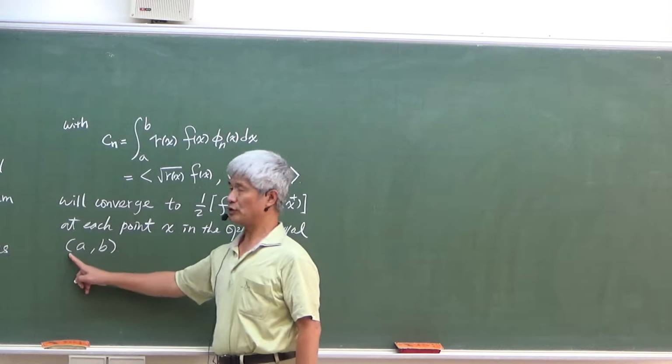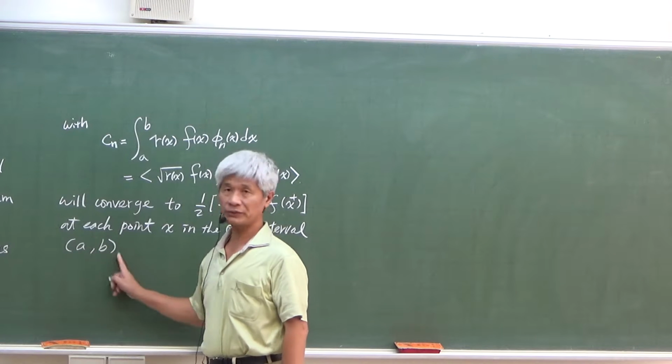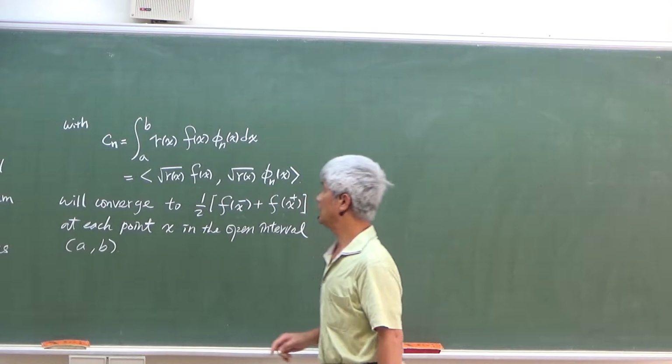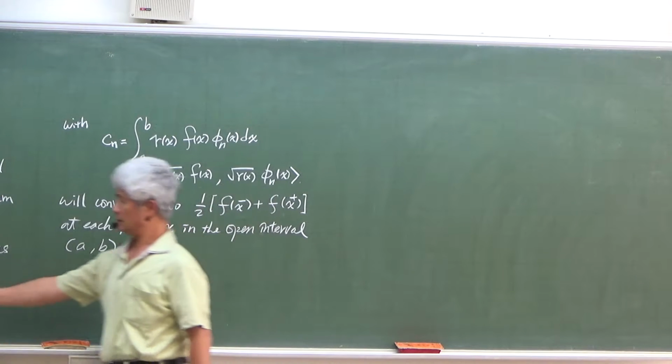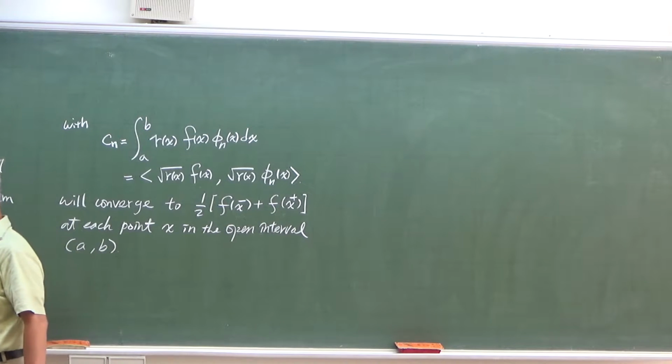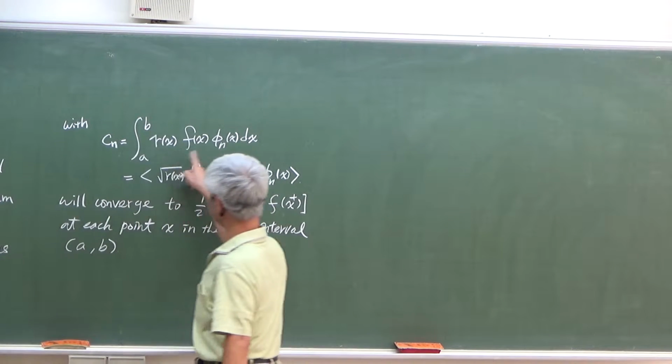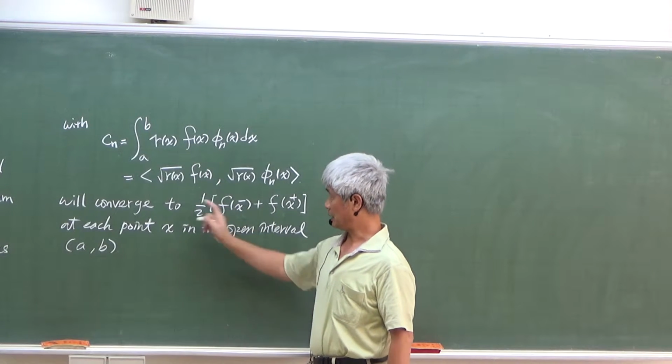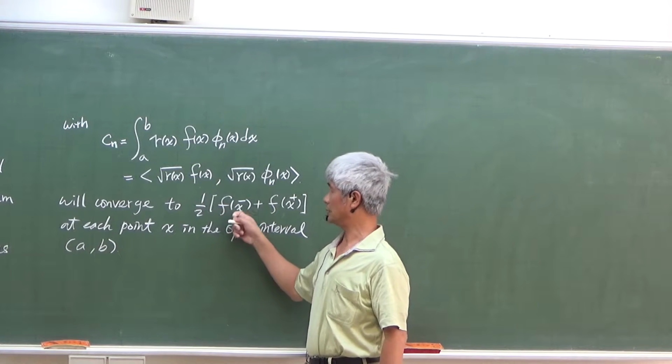So we don't know the convergence behavior at the boundary points. We just know that the series with coefficients obtained by using this formula will converge to this quantity.